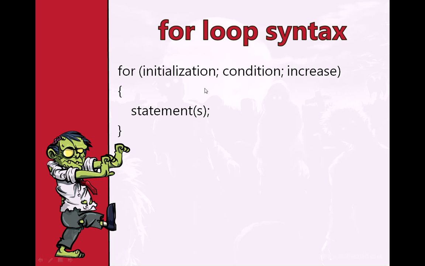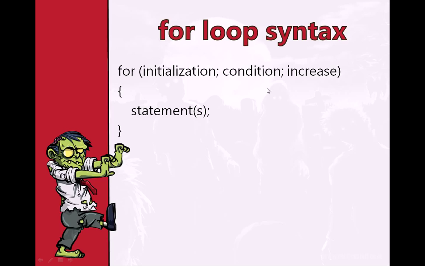Alright, and here is the general syntax of the for loop. For initialization, condition, increase or decrease. If you decrement, more than likely we're going to increase a variable, but you can decrement it as well. And then I have these pesky little curly brackets here, and then I have any number of statement or statements within this loop body.